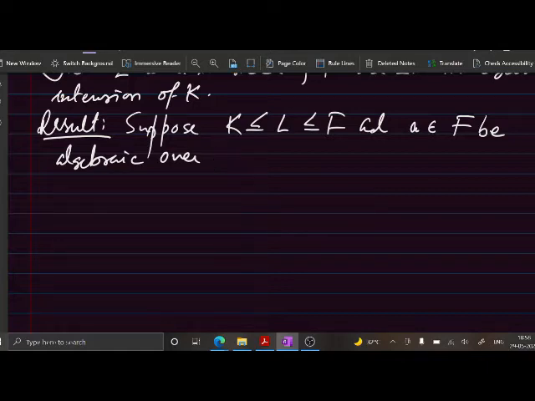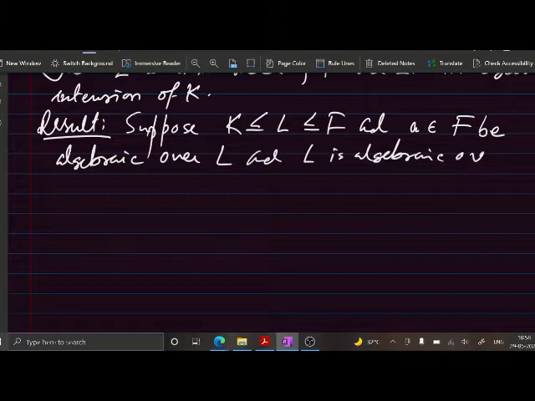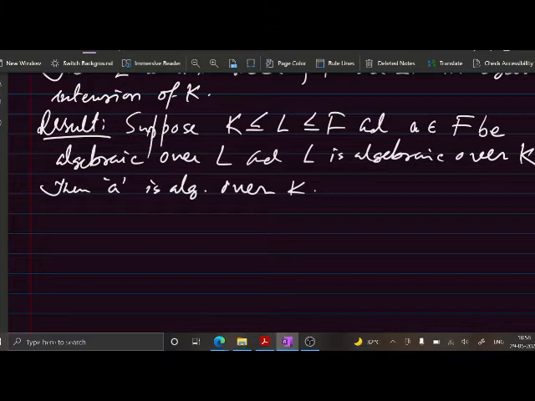I'm sorry, algebraic over L, and this L is algebraic over K. Then it is true that a is algebraic over K. Okay.